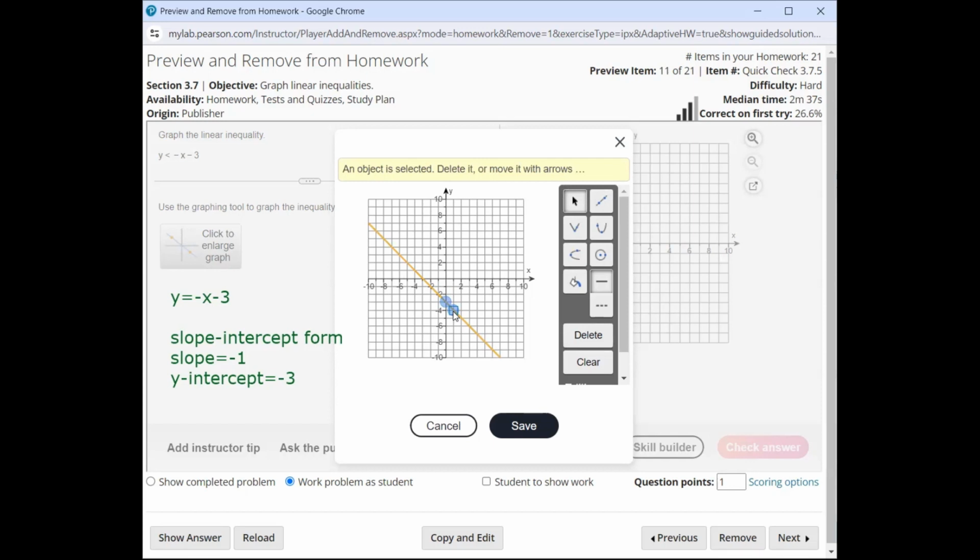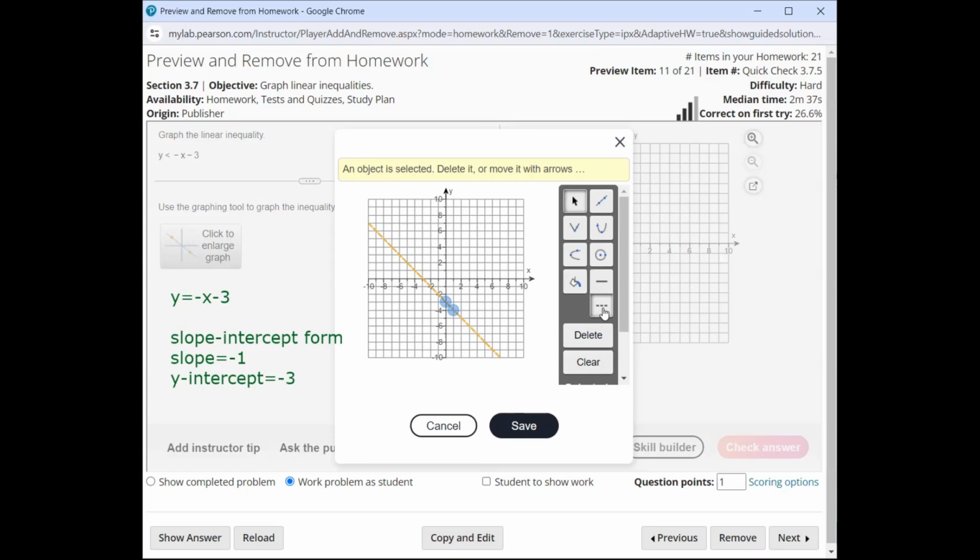The next step is to decide whether the line should be a solid line or a dashed line. Since we have strictly less than, it means that the points on the line should not be included in the solution. Therefore, we should have a dashed line. So I go and change the line to a dashed line.